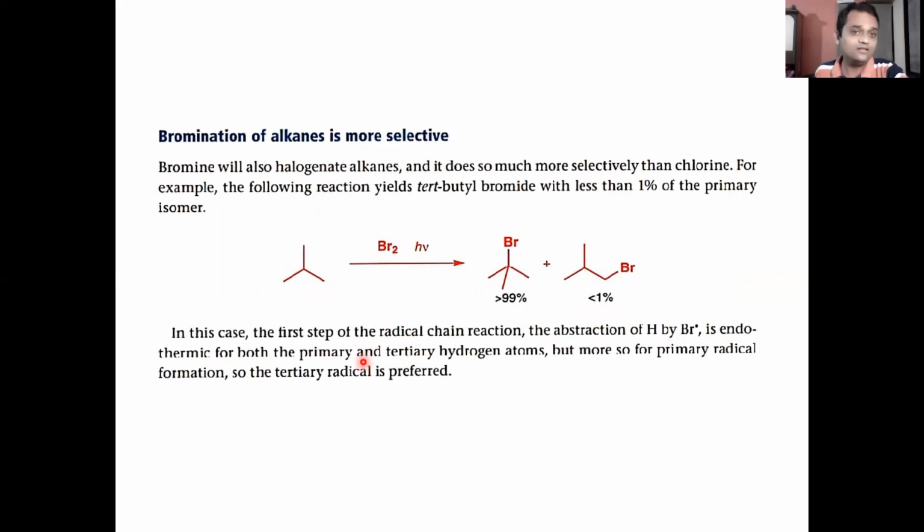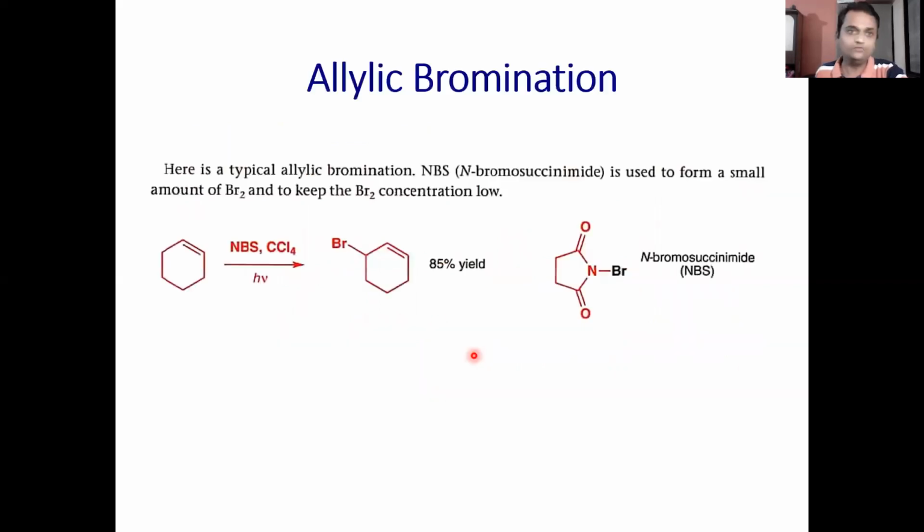Then we saw the reason for this proportion. The reason is that the first step is endothermic for both the primary and tertiary hydrogen atoms, but more so for primary radical formation, so the tertiary radical is preferred. This point is important from the exam point of view.